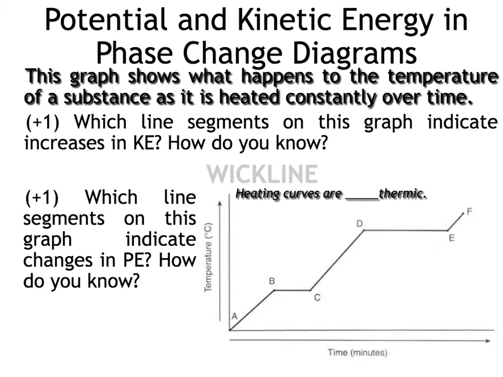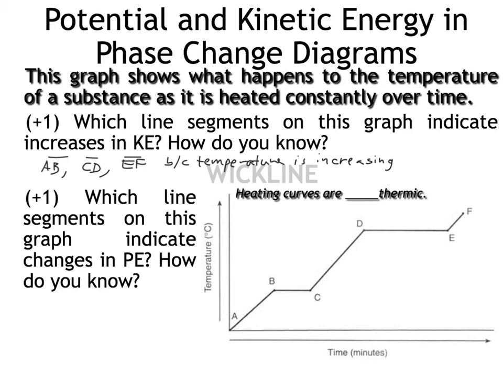And the way that you can tell that is because the y-axis is temperature. So if you see a line which is increasing on the y-axis, then it's increasing in temperature, and temperature is defined as the measure of average kinetic energy. Therefore, if temperature is increasing, so is average kinetic energy.